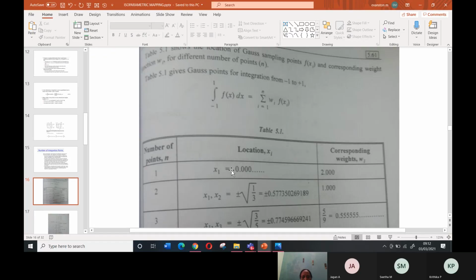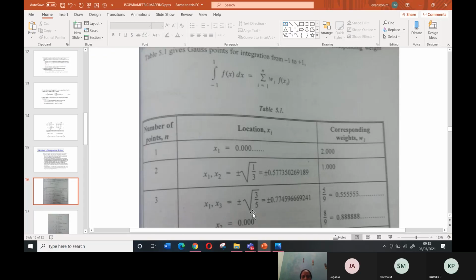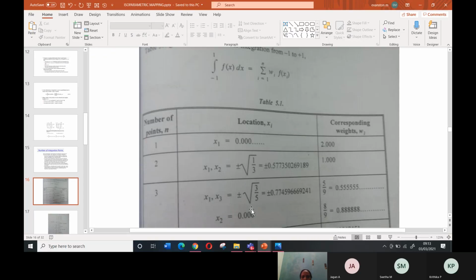So, the points you have to consider: if you are considering only one point, then x1 is equal to 0 and the weighting function w is equal to 2. If you are considering 2 points, x1 and x2, as I told you for the curve, you have to take x1 and x2 as plus or minus root of 1/3. If you are taking 3 points, then the points are plus or minus root of 3/5.